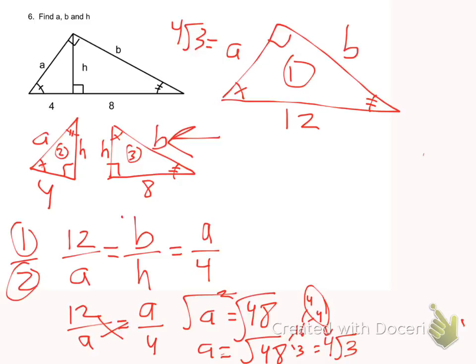Okay? Or set up the ratios again and do the same idea. Or since you know A is here, you can use Pythagorean Theorem to solve for the H on this one. So it's all about getting the answers you need, setting up the ratios, finding similar triangles.